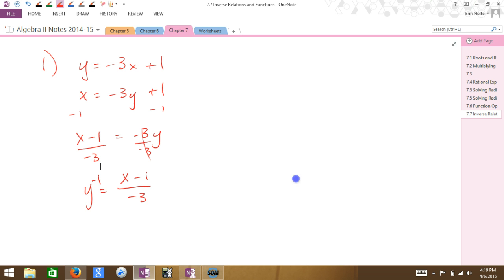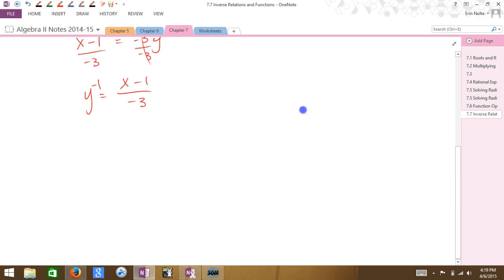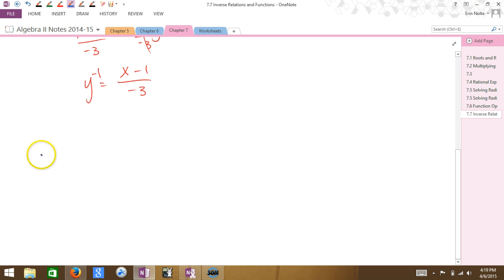Okay, so let's try one more time. Let's do a second example. Number 2. Okay, so let's say our function is f of x is equal to x cubed minus 3. So what would my first step be? Okay, now wait a second, hold on, I have an f of x.